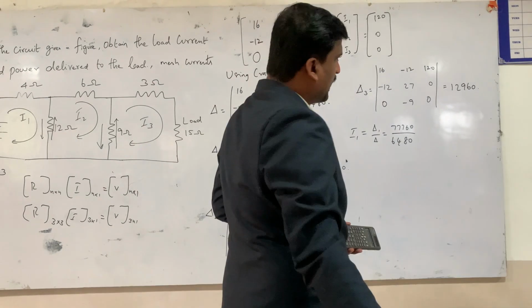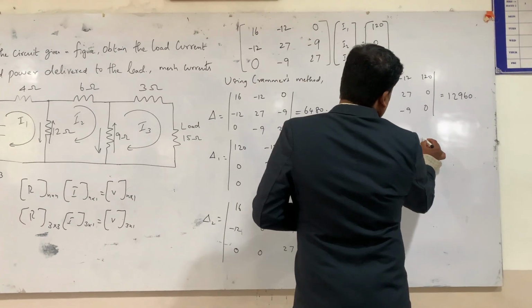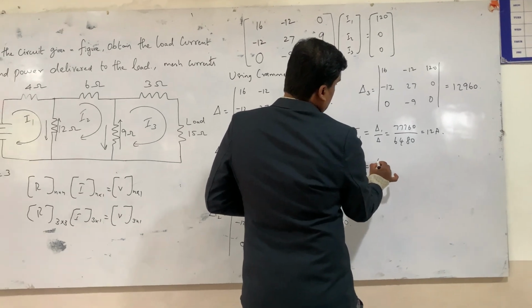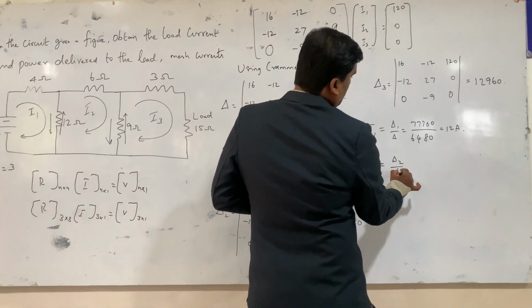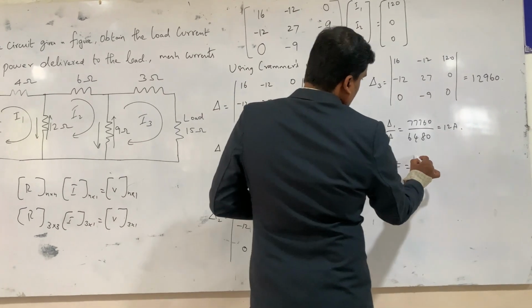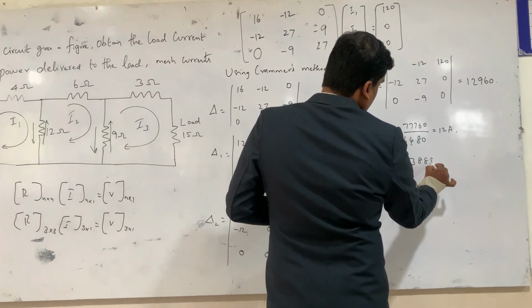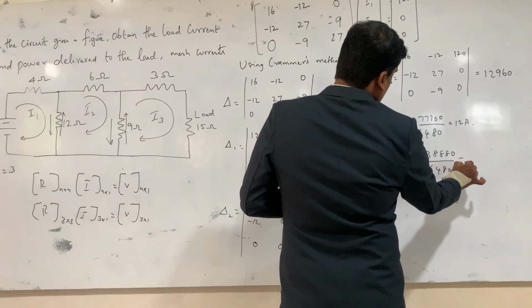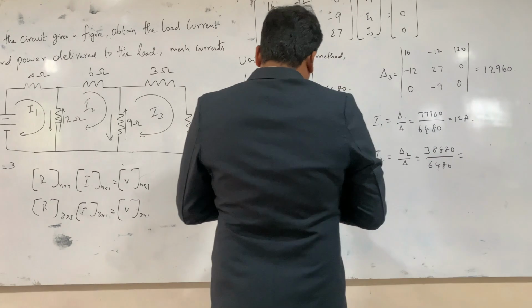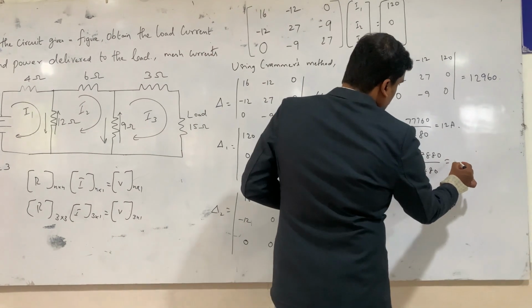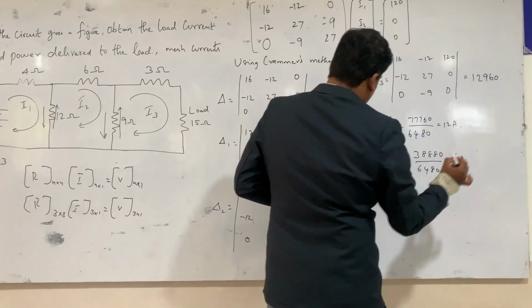So the value for I1 is equal to 12 ampere. Next I2, which is del 2 divided by del. So here del 2 is 38880 divided by 6480. So here it is 6 ampere.